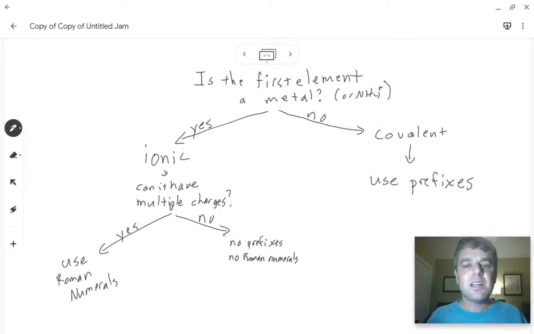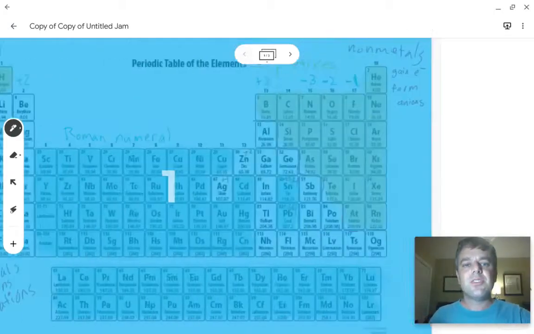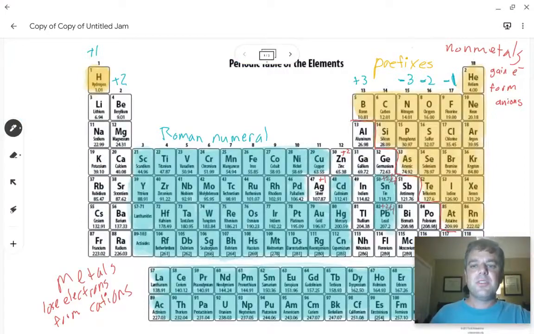If it's an ionic compound with only a single charge, we don't use either. So if we synthesize all this together, I leave you this lovely chart where if the first element is in yellow, we use prefixes. If the first element is highlighted in blue, we use Roman numerals. And if it's neither of those, we don't use either.